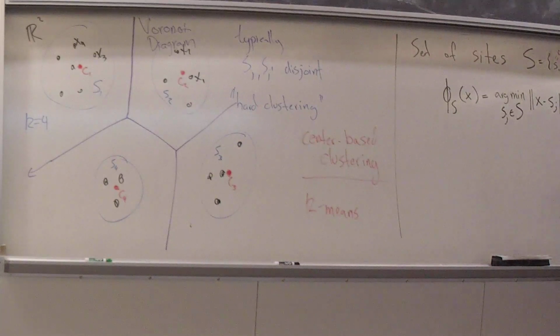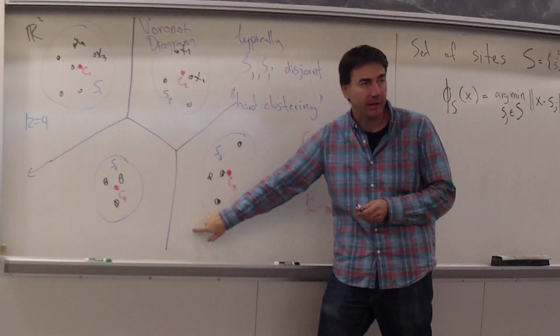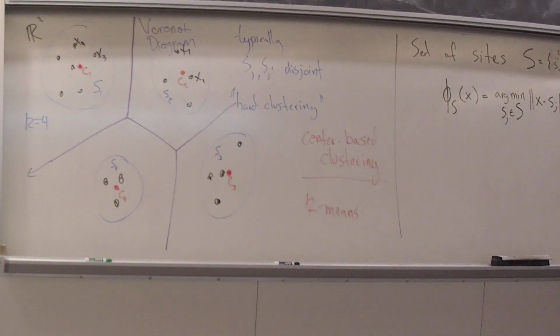Okay, so this function is going to return, for any point x, right? So now one of the black points, or any one of those points, can be a point x in the plane. It's going to map it to one of the sites. Okay, so every point in the plane gets mapped to one of the sites.